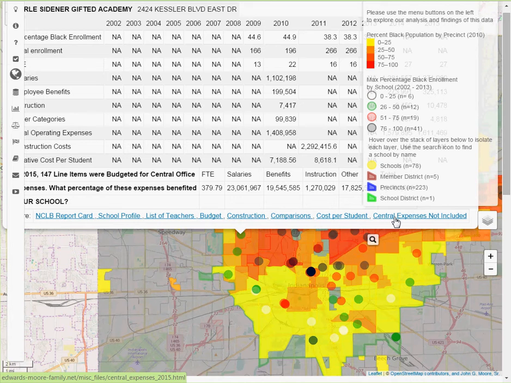So if you click on the central office expenses not included link, you'll get a chance to see what expenses were budgeted for the central office. And as I mentioned earlier, we never have access to actual operating expenses, so there's no way to know how real this data is.